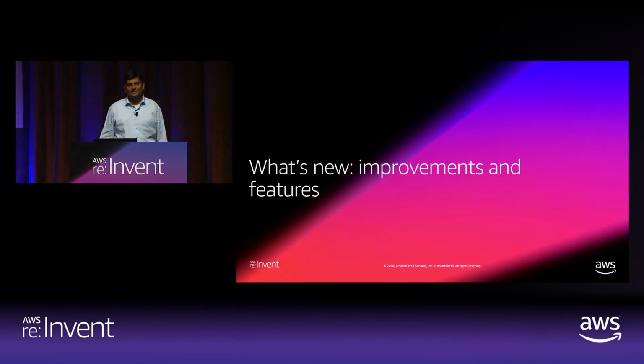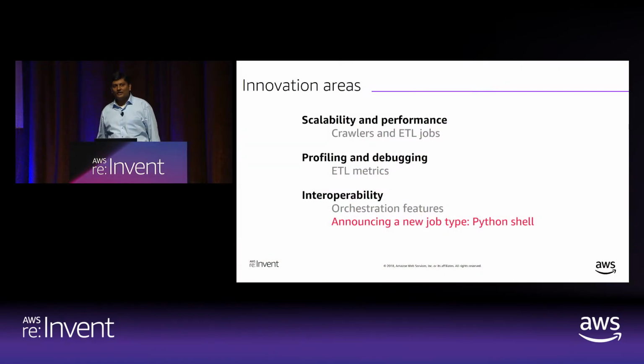Well, we've been busy. We've been busy making improvements in three major areas. The first is around scalability and performance, and this is the scalability and performance of the crawler and the ETL job system. And I'll dig into that next. The second thing we've done is we've added a number of APIs to open up what's going on under the hood in our jobs.